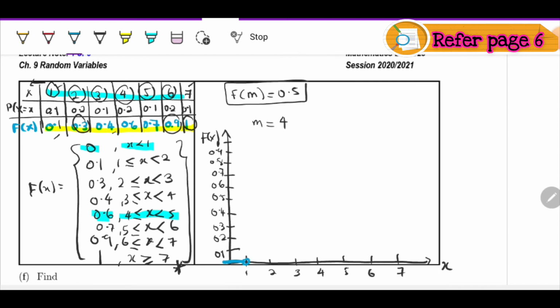Open interval for 1. When x is between 1 and 2, F(x) is 0.1. So then a filled circle for 1 and an empty circle for 2.